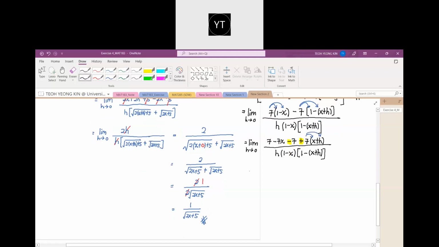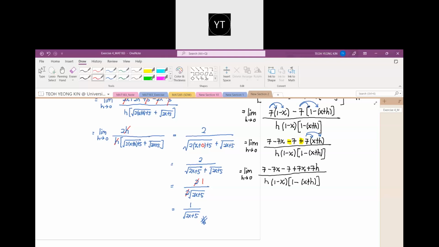So limit when h approaches 0, 7 minus 7x minus 7, 7 times x, 7x, 7 times h, 7h, over h, 1 minus x, 1 minus x plus h. So again, we can cancel out positive 7 minus 7.